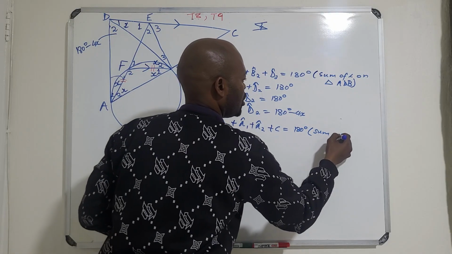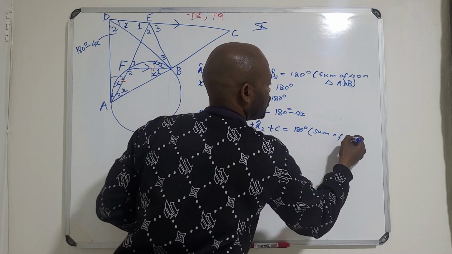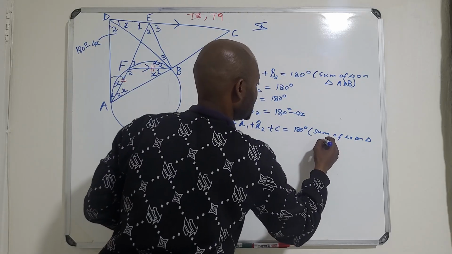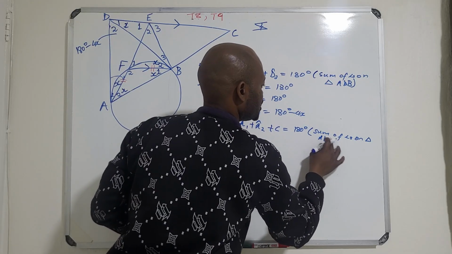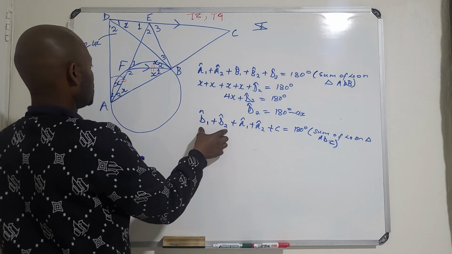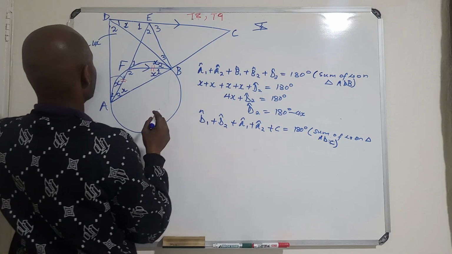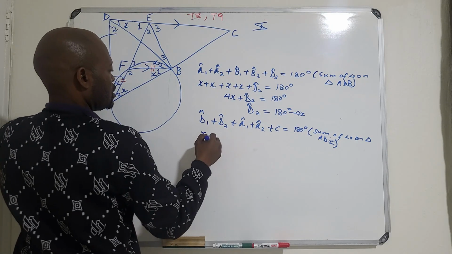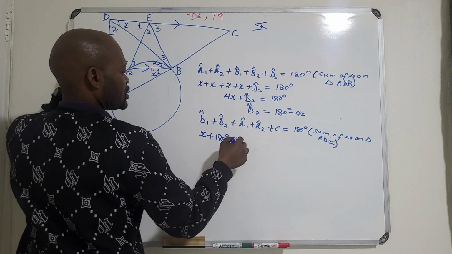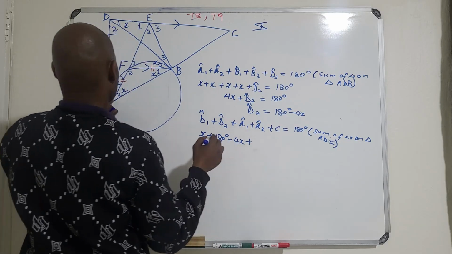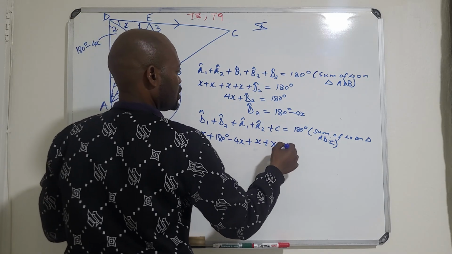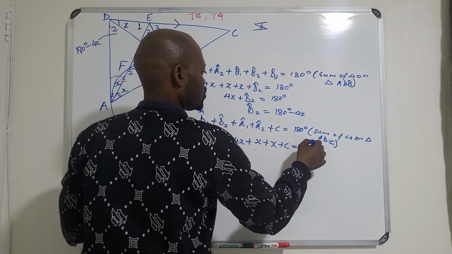Reason: sum of angles on triangle ADC. Now, we know that D1 is x, D2 is 180 degrees minus 4x, plus A1 is x, A2 is x, plus angle C equals 180 degrees.